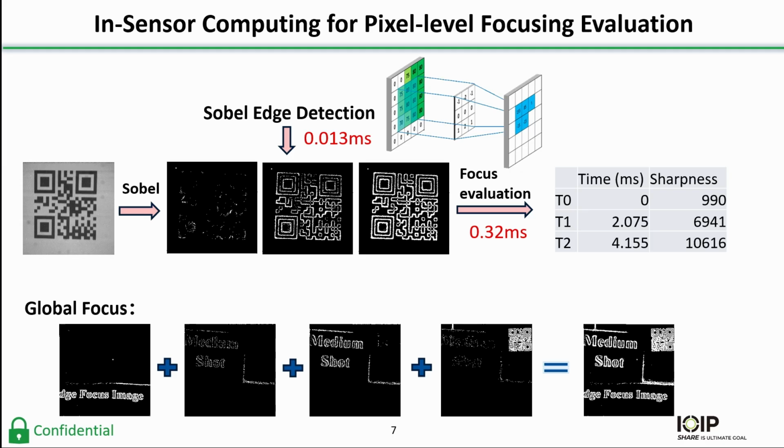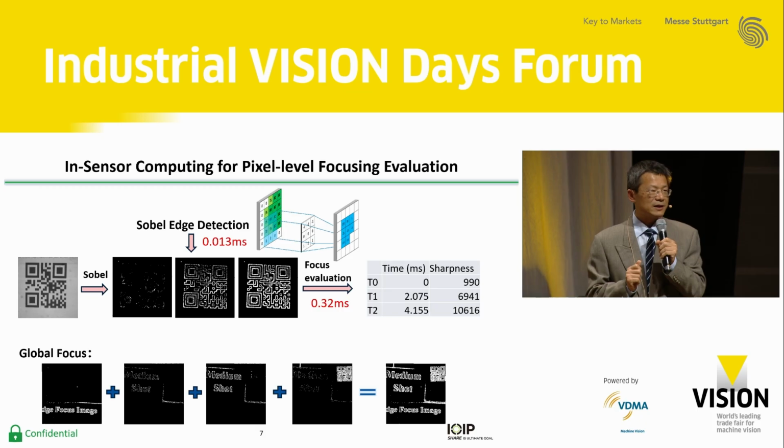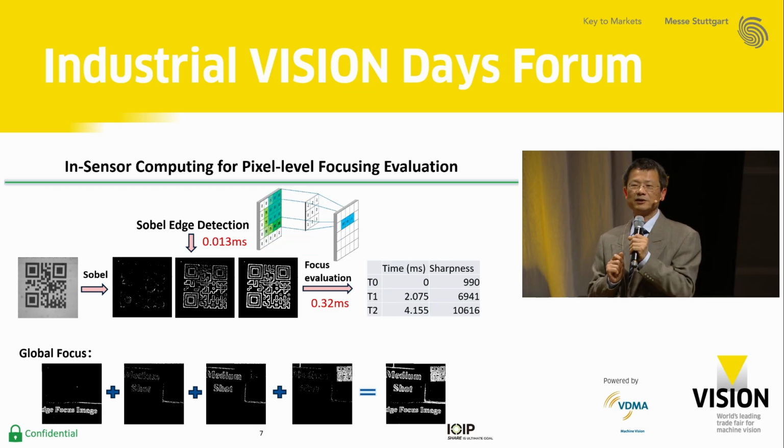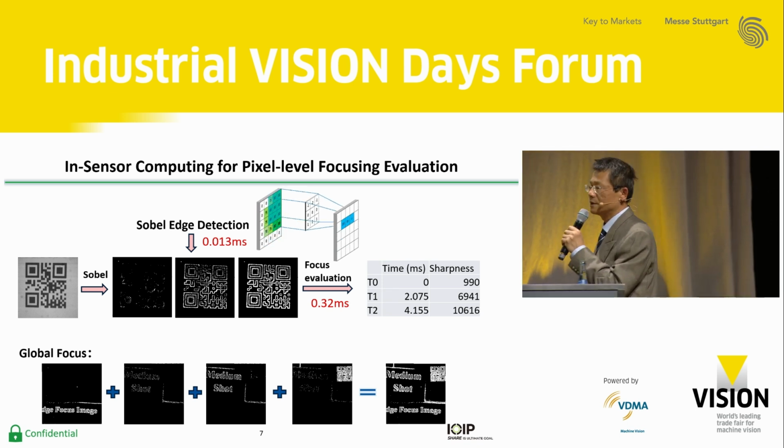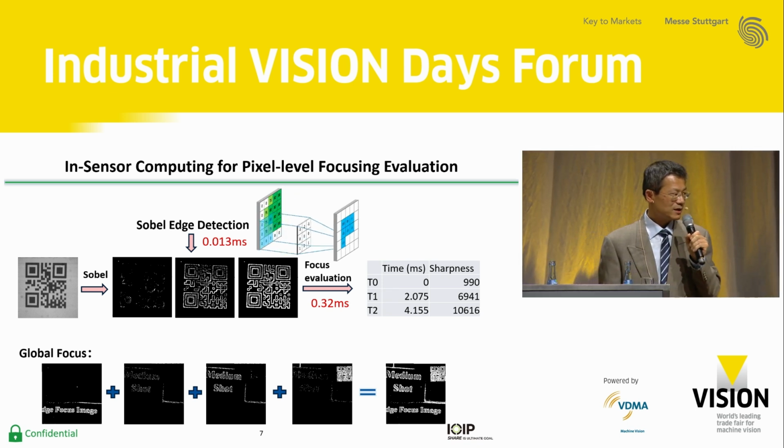Combining these 4 images, we can get a completely clear picture. The most important thing is that with our technology, we can take these pictures rapidly and compute rapidly, so we can get the completely clear image immediately.